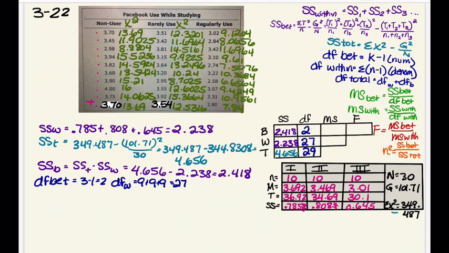Now we'll calculate our mean square between, which is our sum of squares between divided by the degrees of freedom between. In this case is 2.418 divided by 2, which equals 1.209.